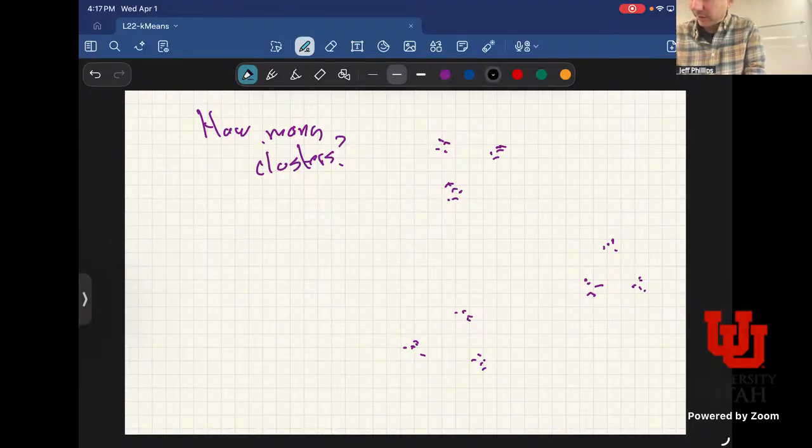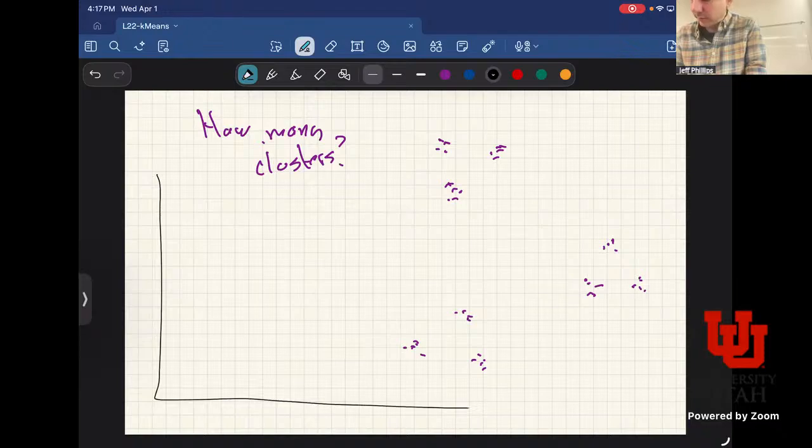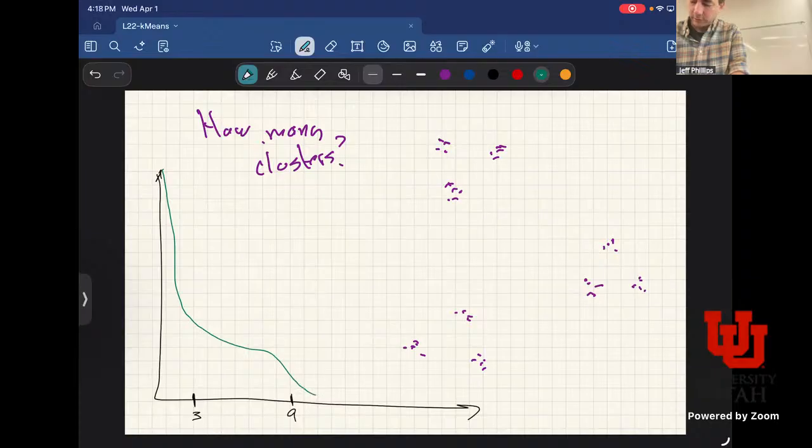If I plot this, there are going to be two points here, one at 3 and another one at 9. You're going to get a curve that looks like this. It's going to have two elbows, right? This is like a broken arm or something.